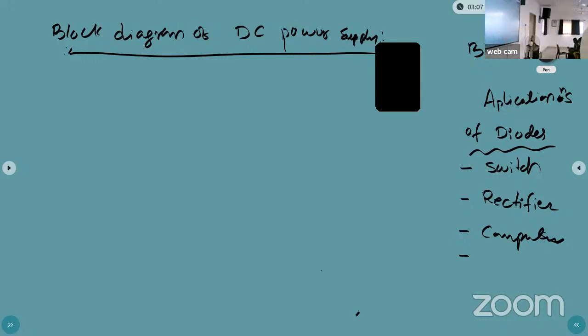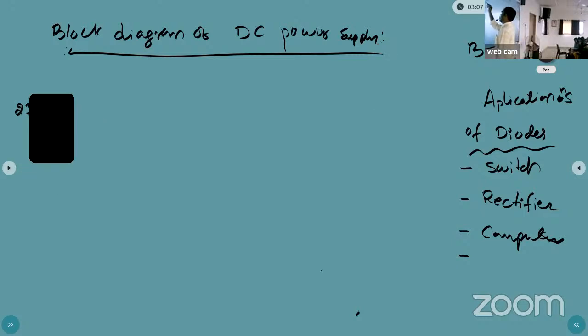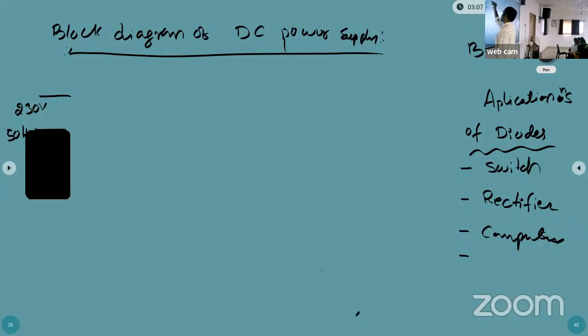You can assume your mobile phone adapter. Where do you connect the mobile phone adapter? The switchboard. So now you can take the input. And what is the rating? 230 volts, 50 hertz.